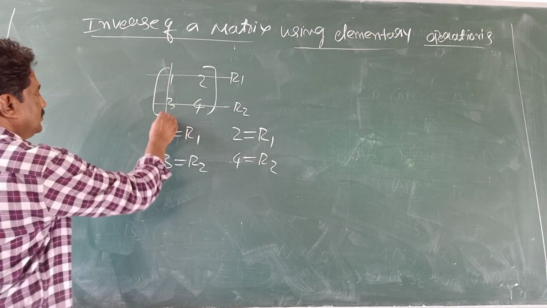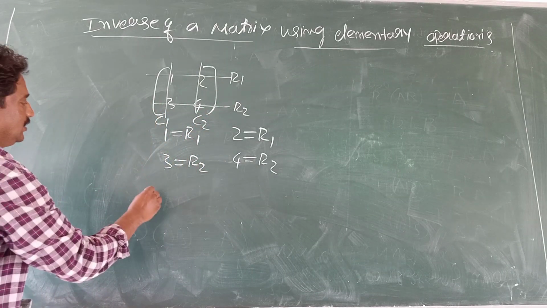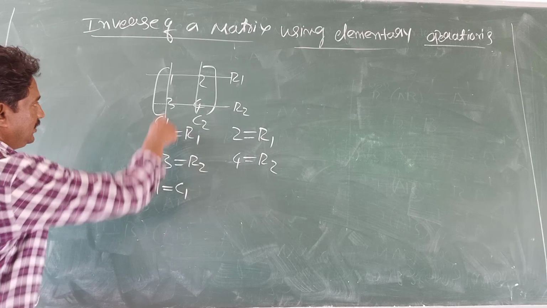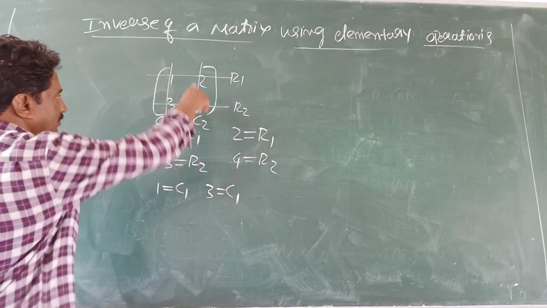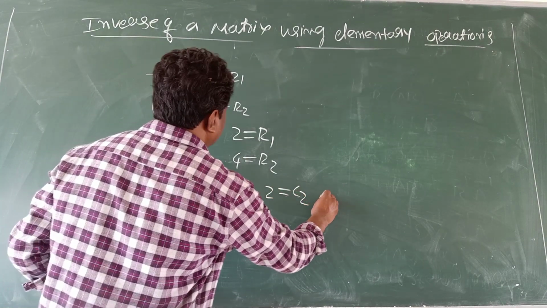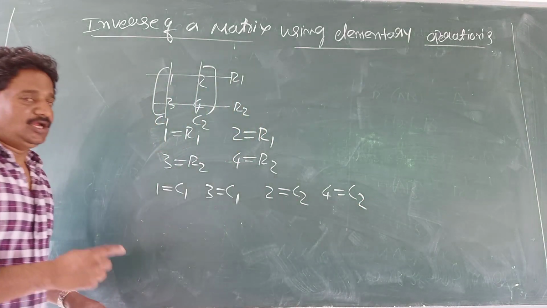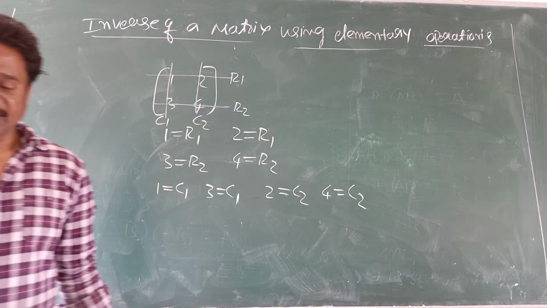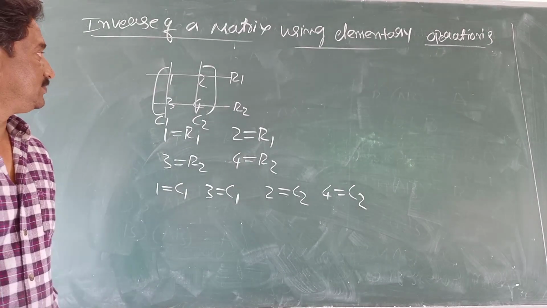I write C1 elements, C1, C2. 1 is a C1 element, 3 is a C1 element. Next, 2 is a C2 element, 4 is a C2 element. Try to understand these basics first, otherwise if I go for solving the problems, you cannot understand.